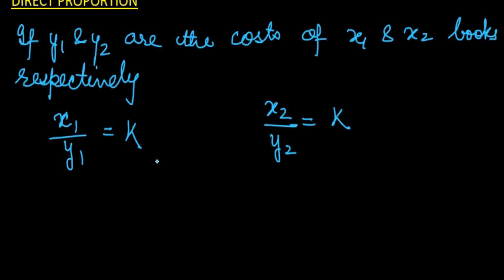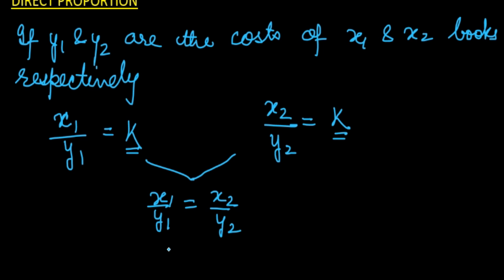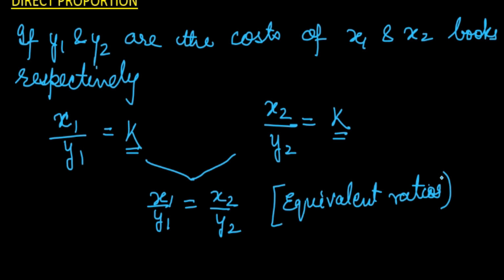So from here we see that x1 upon y1 and x2 upon y2 both are equal to a constant. So x1 upon y1 is equal to x2 upon y2, and these are called equivalent ratios. This statement of equality of ratios is called a proportion. Proportion is nothing but equality of two ratios.